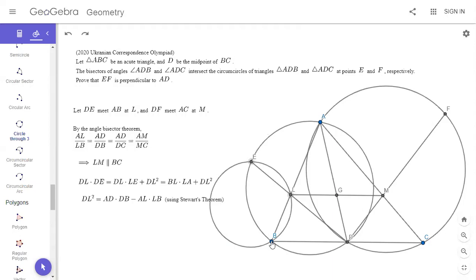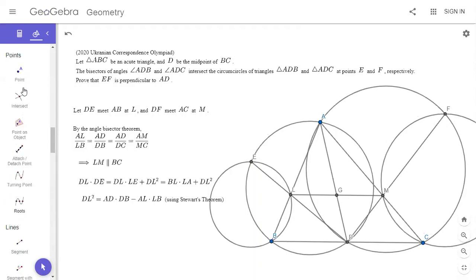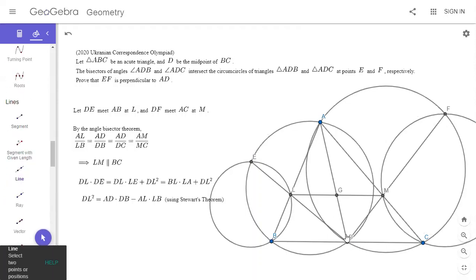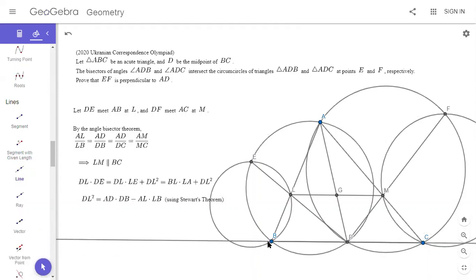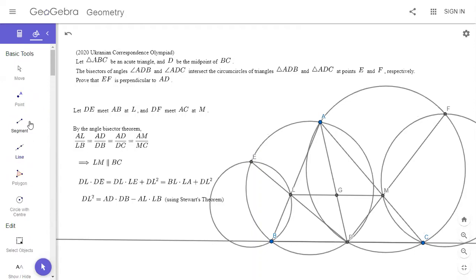Oh, you know what? I think we might be able to do it like this. So DL times DE is DB times DH.